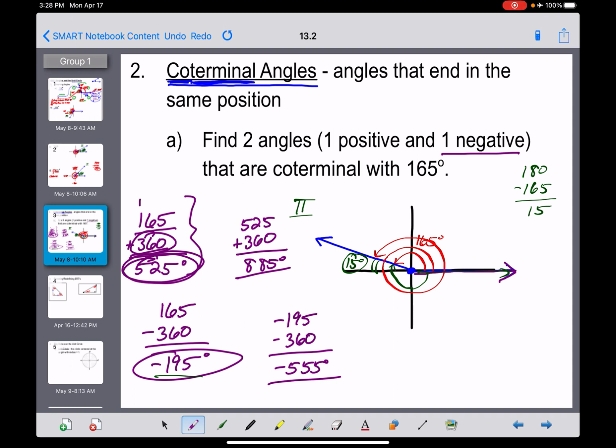So there isn't just one right answer to this problem. There's actually an infinite number, but it probably makes the most sense to come up with the smallest positive coterminal angle, and the greatest negative coterminal angle. But there are other answers that exist as well. I would just expect most of you guys to come up with those.